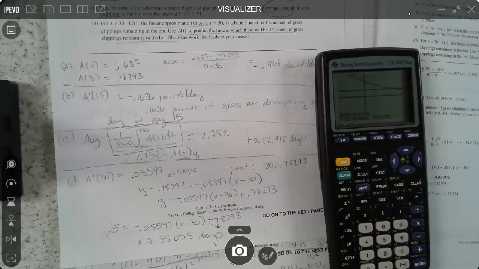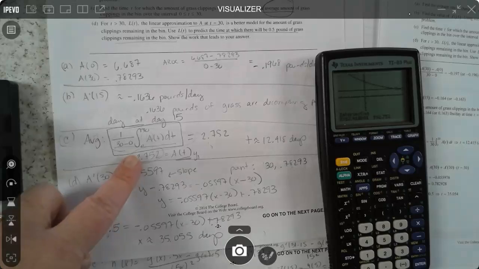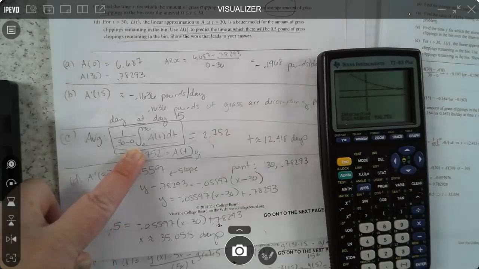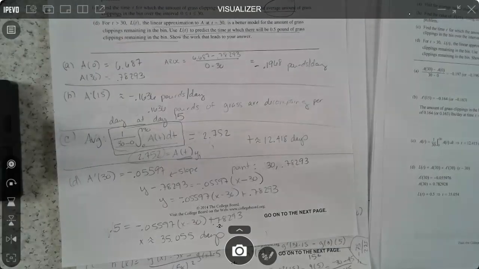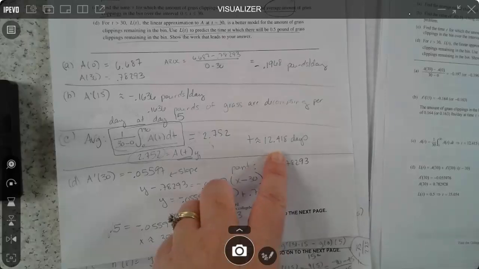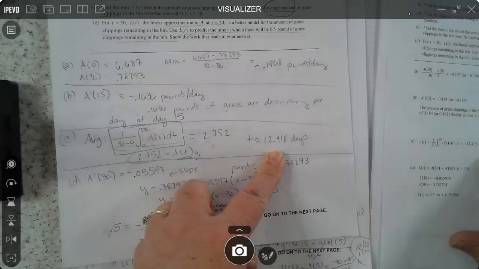Yeah. That comes from whenever I did this average value here. 1 over 30 minus 0. They will, but you have to at least round 3 places. Yeah, you do round. All right. I might have rounded wrong because they got 415 or 414.